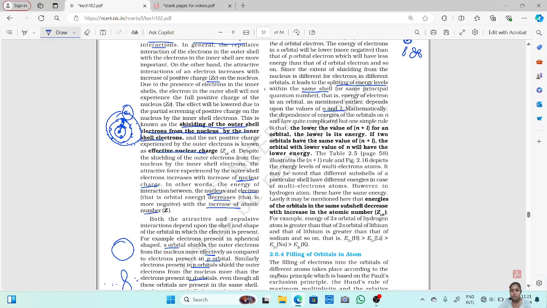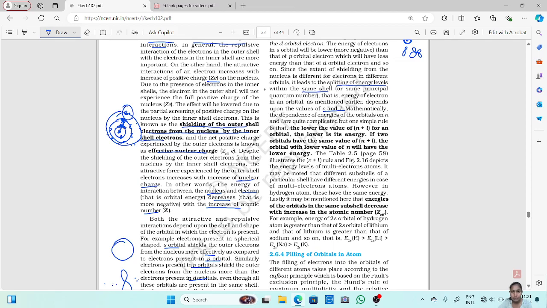So the energy of an electron in an orbital is dependent upon your principal quantum number and azimuthal quantum number. Now, mathematically, the dependence of the energy of the orbitals on n and l is quite complicated, but there is one simple rule.